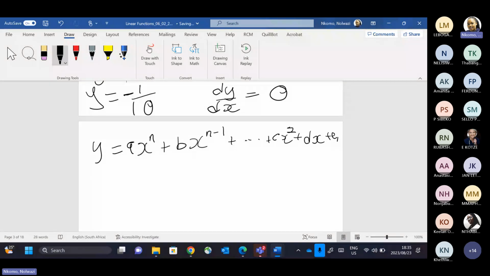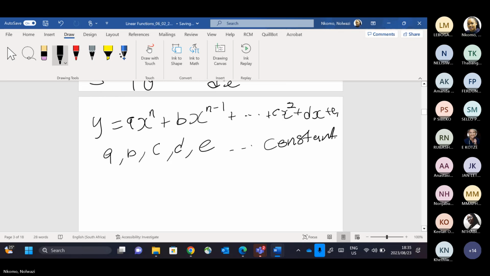This is a polynomial, and you are told that a, b, c, d, e are constants. If you are given a function like this, the derivative of this function, which is dy over dx, would be the derivative of this term plus the derivative of this term, plus this term, plus this term.